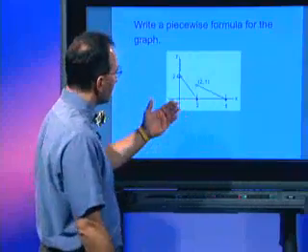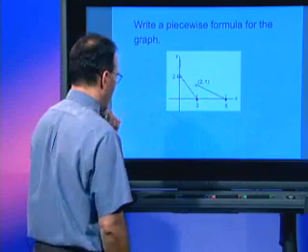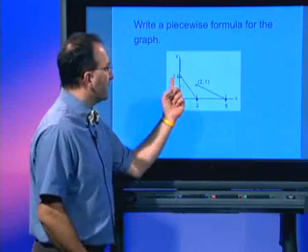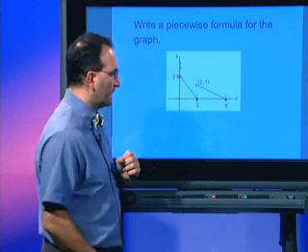Okay, let's look at another example where we will create the formula of the piecewise function from the graph itself. So I have here a graph made of two pieces, and we need to create the formula for that. What we'll notice is that the first piece goes from 0, not inclusive, up to 2 inclusive.